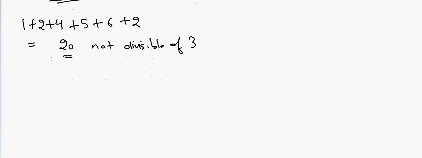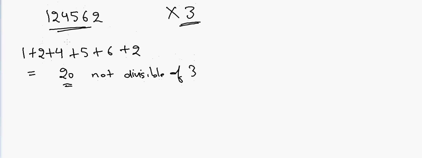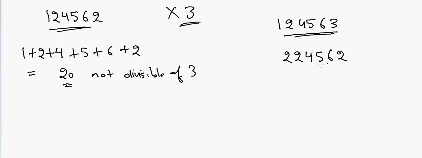So what should the number be if it has to be divisible by 3? Instead of 2, if you make it 3, so 124563, then the sum will become 21, so that number should be divisible by 3. Or we can change any other digit. We can say 224562, that should also be divisible by 3.